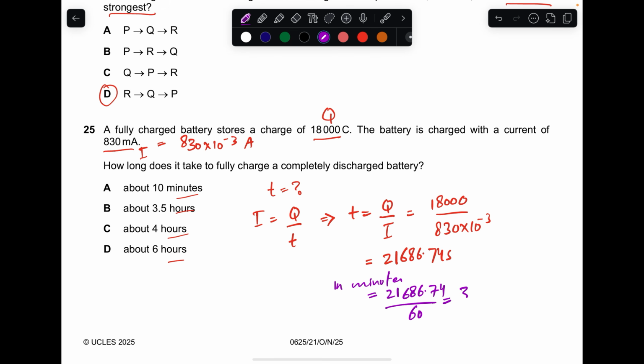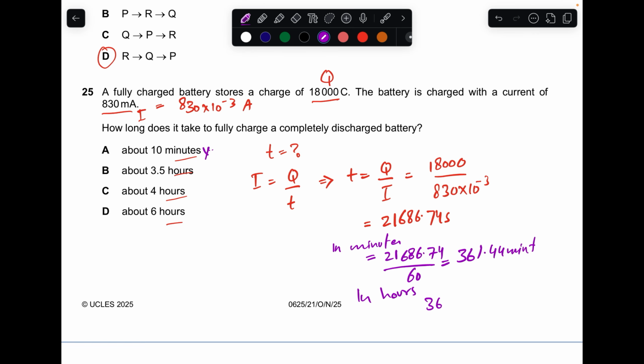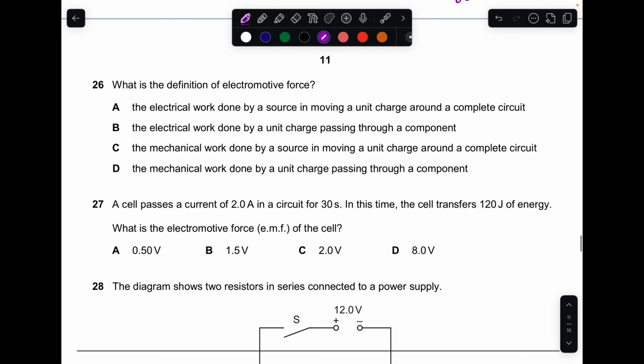This will give you 361.44 minutes. We don't have any option in minutes either, so to convert into hours, you have to divide 361.44 by 60. That will give you 6.02 hours. That is option D.